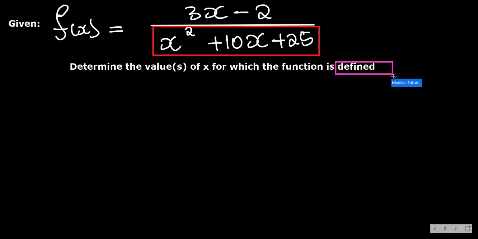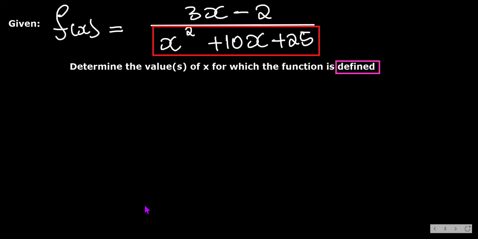So the keyword here is defined. What must happen in order for the function to be defined? Or at least, how do we find the values of x for which the function is defined? Now, this is how we can find them.